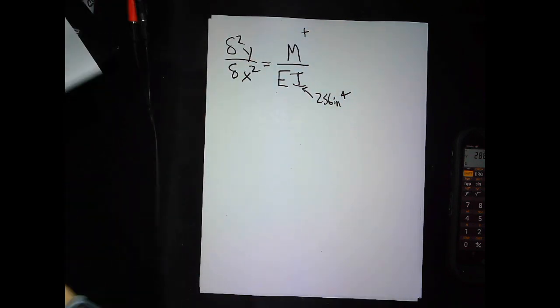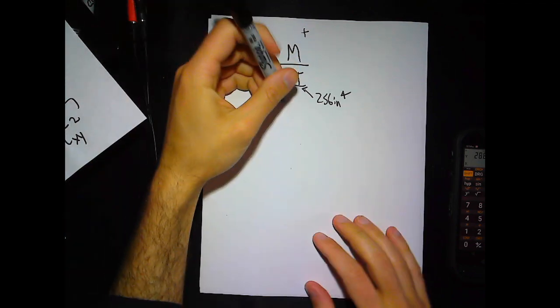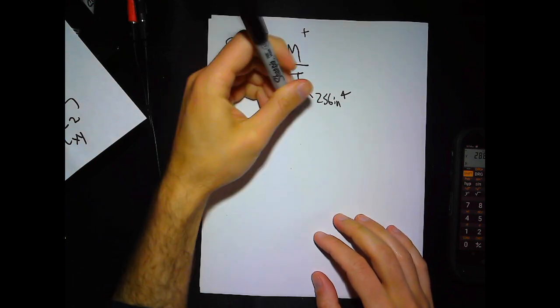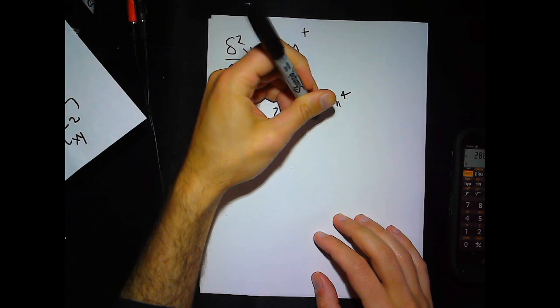For kicks and giggles, let's say that this thing is A36 structural steel, so I can go to the back of the book and say that the modulus of elasticity is 29 MSI, or 29,000 ksi.